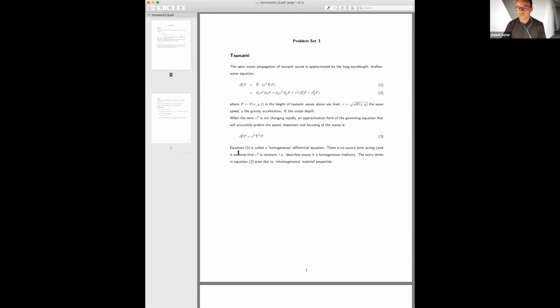And then we have a very simple shallow water equation that we can implement. Second order time derivative equals the second order spatial derivative times the velocity, wave speed squared. It's called the homogeneous equation because there is no source term acting.